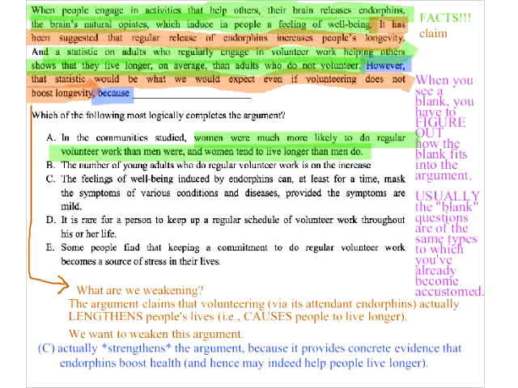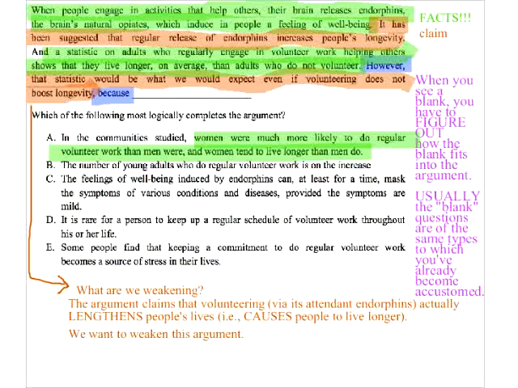Sid says, okay, let me make some room for this. This is what Sid wrote: if symptoms were masked, then it'll go undiagnosed. There's two things wrong there.